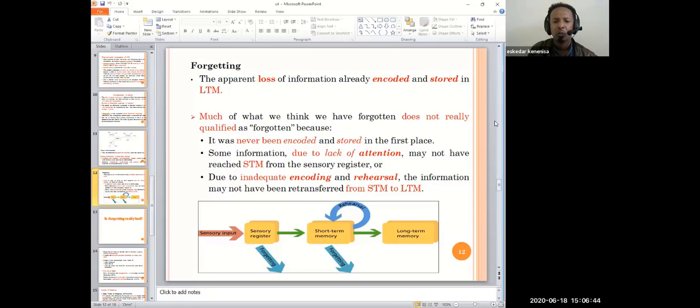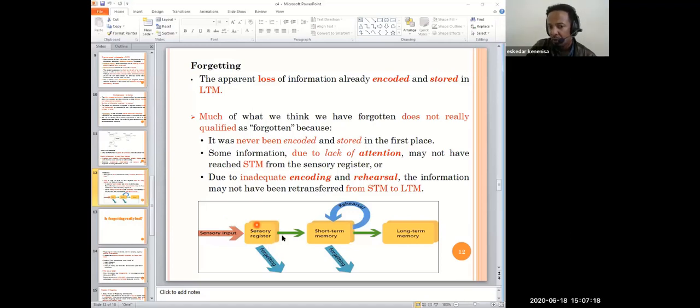Much of what we say we forgot doesn't qualify as forgetting, because some of the information was never encoded and stored in the first place. Look at the first picture: sensory input, they are lost here.